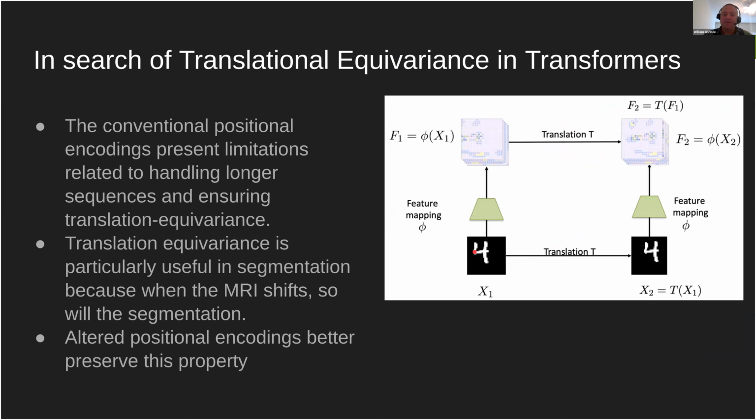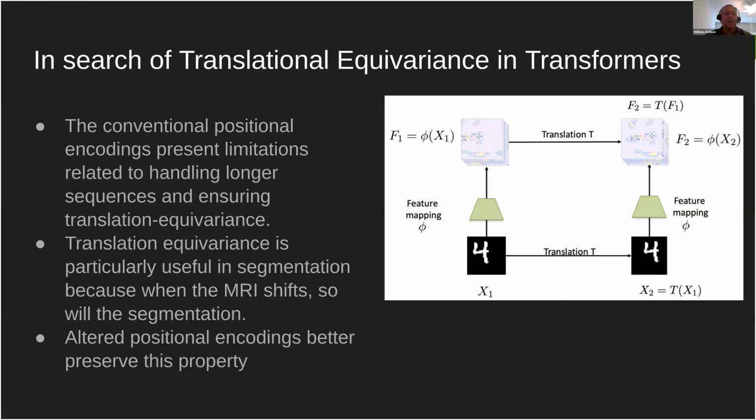Basically, if you move the MNIST digit, the activation maps move correspondingly. And how that's useful in terms of segmentation is that if you move the MRI, the segmentation map moves accordingly. And that makes segmentation particularly easy. So anything that doesn't have this property is almost useless for segmentation.